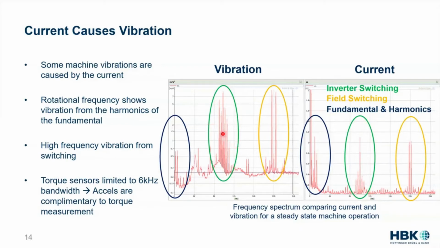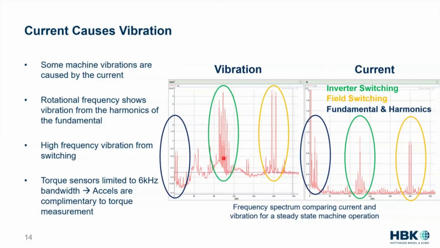And this is because those are likely exciting resonances in the machine. So even a small amount of current can excite a big resonance in the structure. So that I think is a really interesting takeaway, is that while current and vibration are correlated, there's a transfer function in there that can either amplify or diminish the amount of vibration.